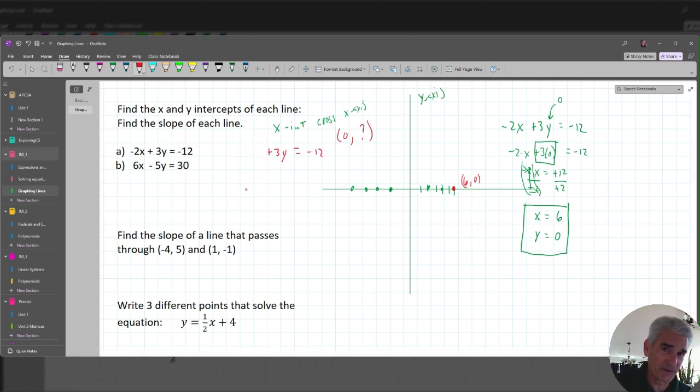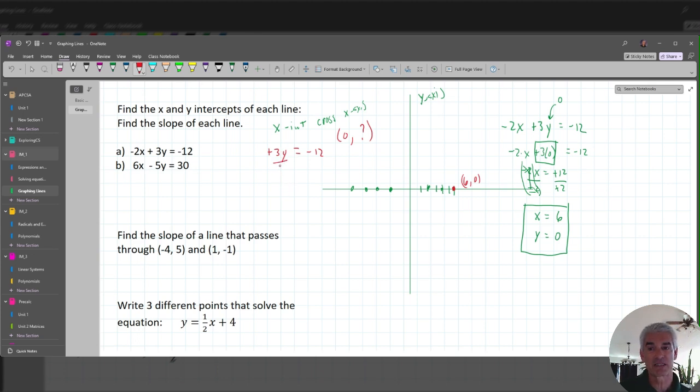I'll cover it up with my finger or with my hand if I'm doing it on the whiteboard. Okay, so 0 plus 3y is just 3y. I could have done the same thing over here. Let me cover up 3y, and then I get negative 2x equals negative 12. I get x equals 6. Same idea, really quick to do because I'm plugging in 0. It's a good choice. If you can make zeros, make zeros.